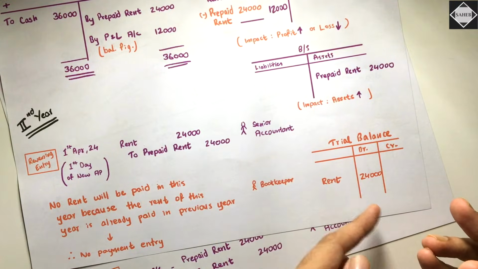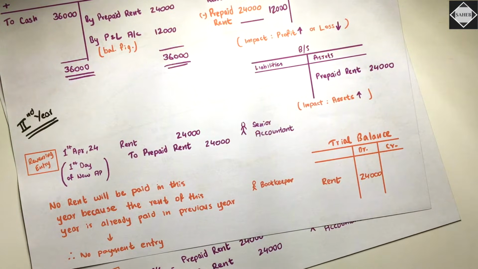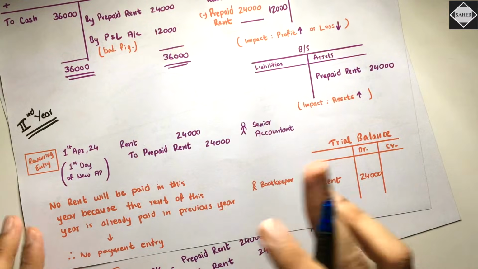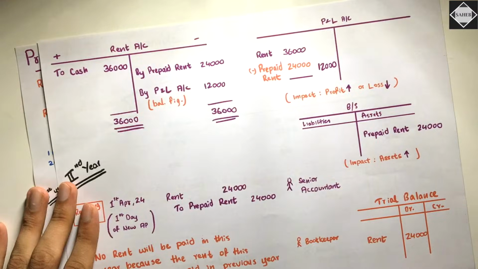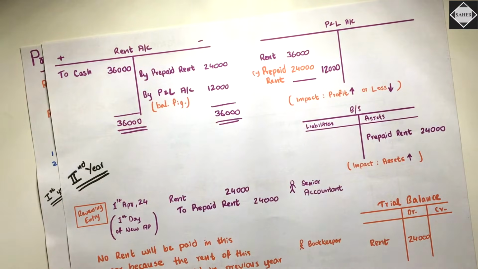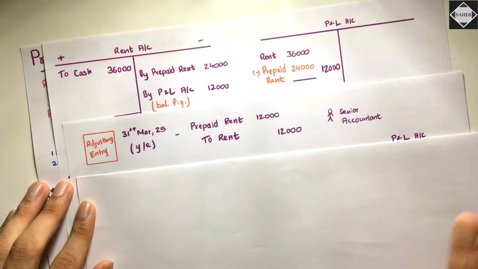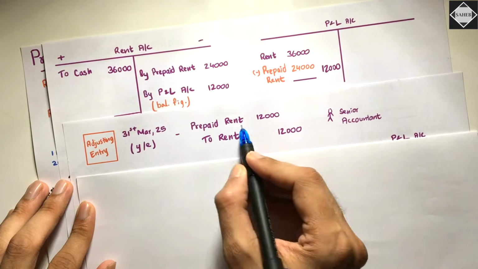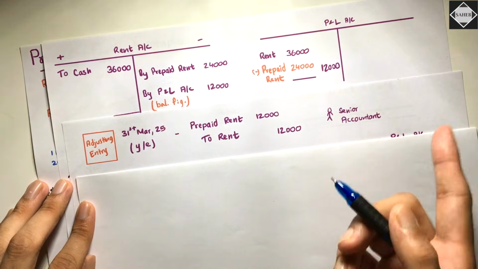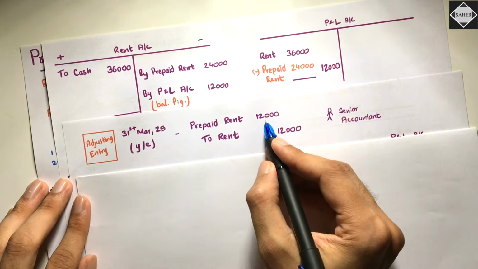Expense proper. So then I have to reduce the expense also by 12,000. Is that clear? Two things he has to do, isn't it? So let me just show you. He will have to pass an adjusting entry. Which adjusting entry? This prepaid rent to rent. He has recorded 12,000, that in future, in the next year, we will receive economic benefit of 12,000.